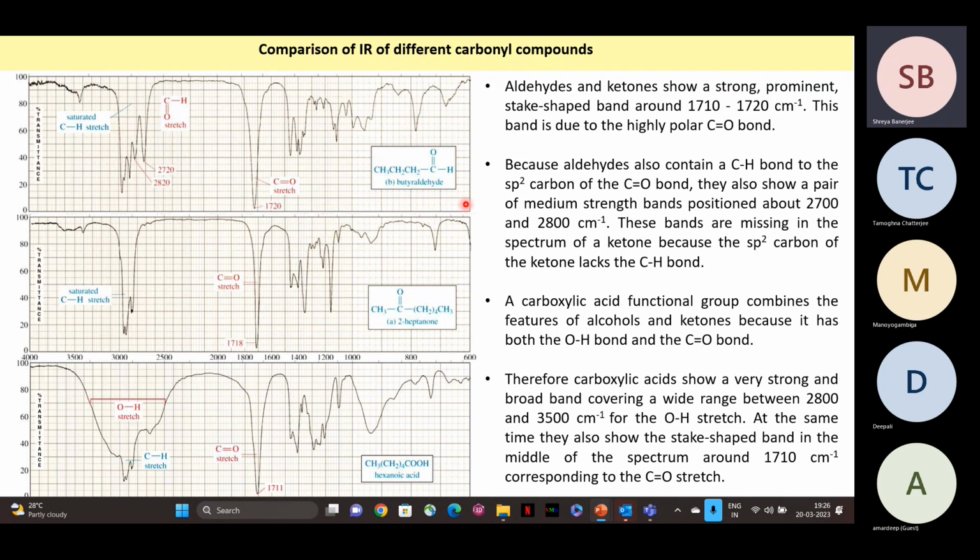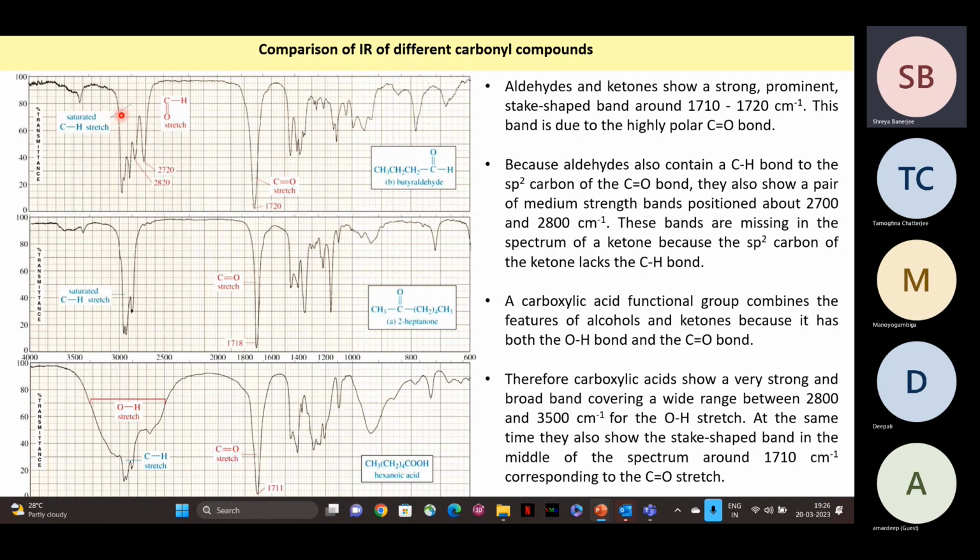So in case of all three, the CO stretching is observed. If you look at this peak at 1720, 1718, or 1711, the CO stretch is observed in all three because all three have a C double bond O. But the additional thing in aldehyde is the CH stretching.